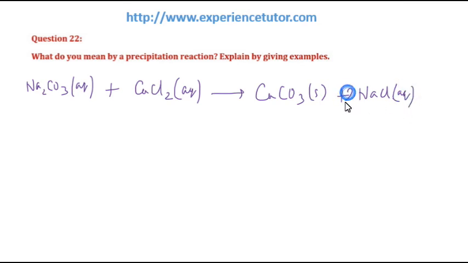Now let us balance this equation. Here in this reaction, calcium carbonate is obtained as a precipitate.